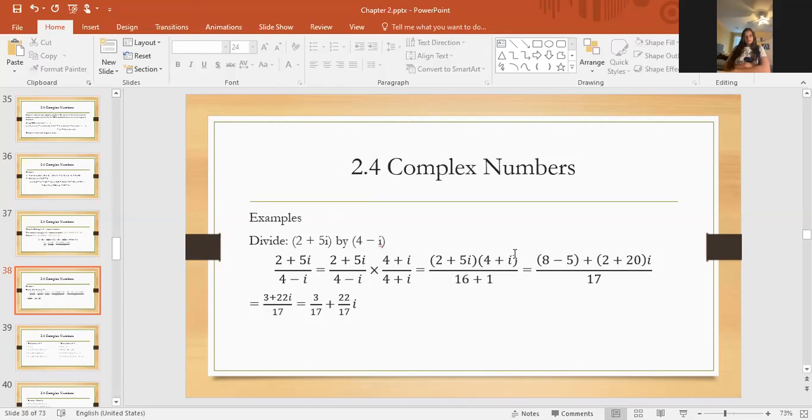When we do that, the denominator will become 4 squared minus i squared. i squared is minus 1, so 4 squared minus i squared is 16 plus 1. And the numerator, we just use the regular way of multiplying two complex numbers. We have 8 minus 5 plus 2 plus 20i. And the answer will be 3 over 17 plus 22 over 17 i.